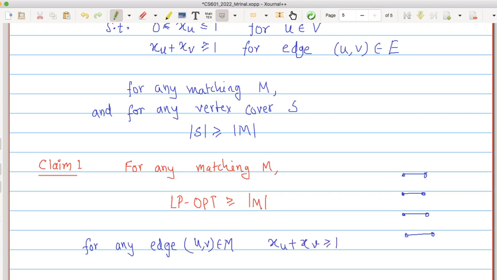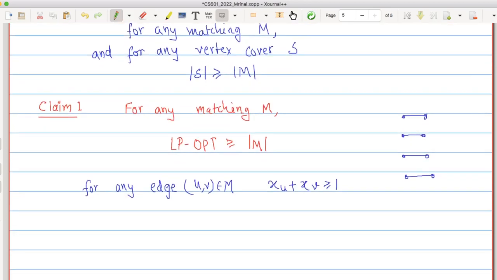Just take the summation of these constraints over all edges in the matching. When you do that, on the right hand side, the 1 will become the size of the matching, the number of edges in the matching, because you are taking the sum over all edges in the matching. And on the left hand side, you will get a sum over all vertices which are involved in this matching, which are matched.